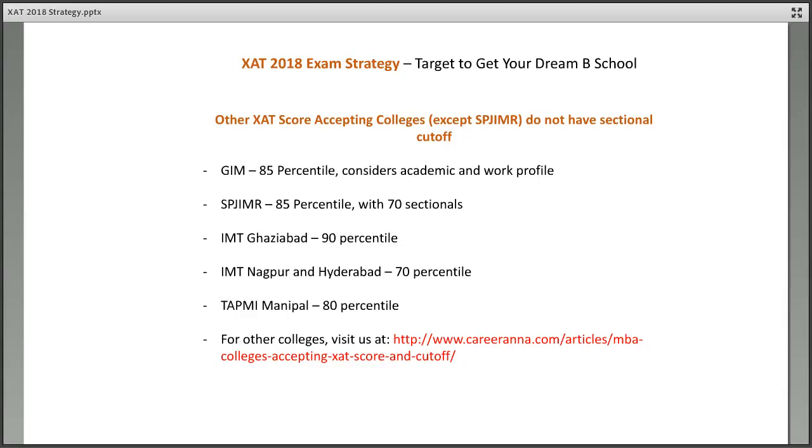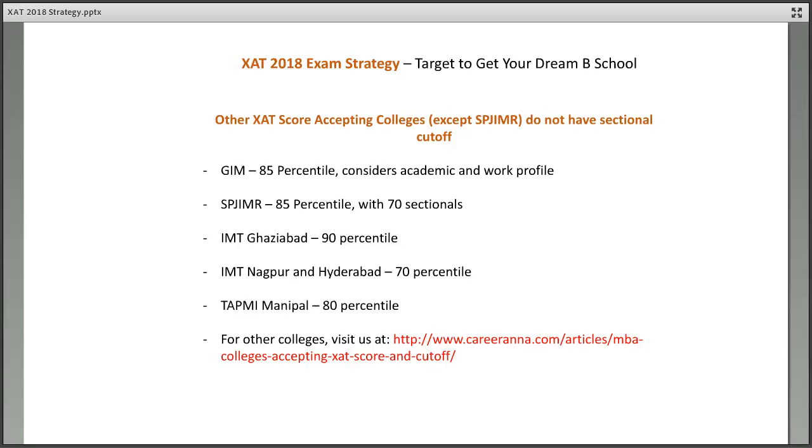Apart from SPJain, Goa Institute of Management accepts that score. If I exclude SPJain, then it's the third best institute which accepts that score, and usually they give weightage to both your academic and work profile, and usually the overall cutoff will hover around 85 percentile with no specifics of sectional cutoff.